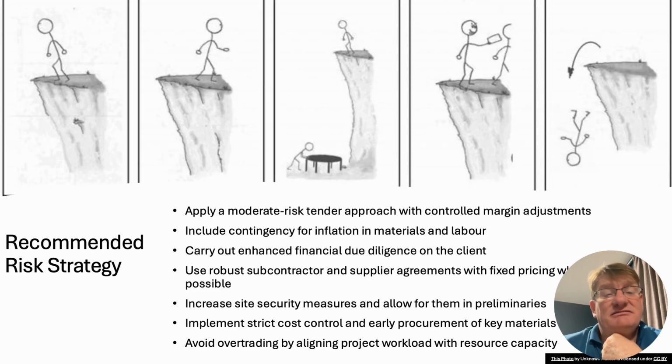As I say, I myself would go for a low to moderate risk tender strategy, contingency maybe. I wouldn't include it. This is based on a different one that I sent to you guys. But with this particular one, you're talking quite low risk, to be honest with you, because it's only a couple of month contract. It depends whether it's being done in the winter.